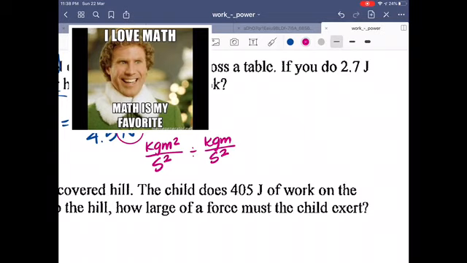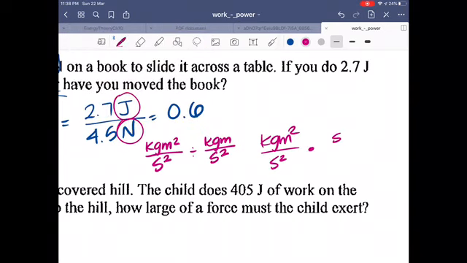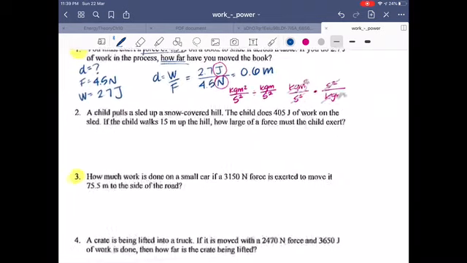If we turn it like in math with fractions, we have kilogram meters squared over seconds squared times seconds squared over kilogram meters. It means we will be canceling kilograms with kilograms, seconds squared with seconds squared, and meters with meters, so your answer will be given in meters. Sounds like it, right? Okay, perfect.